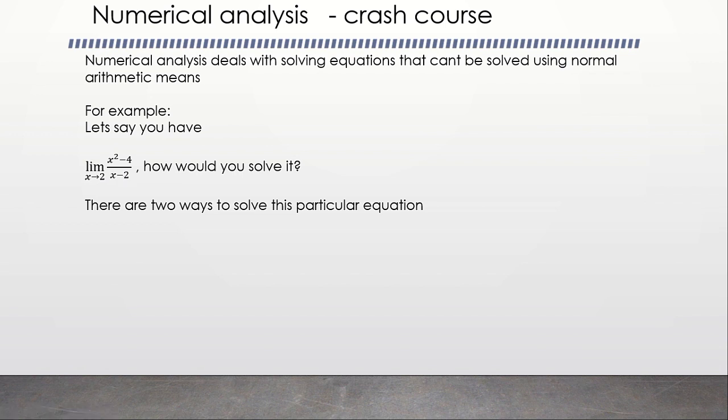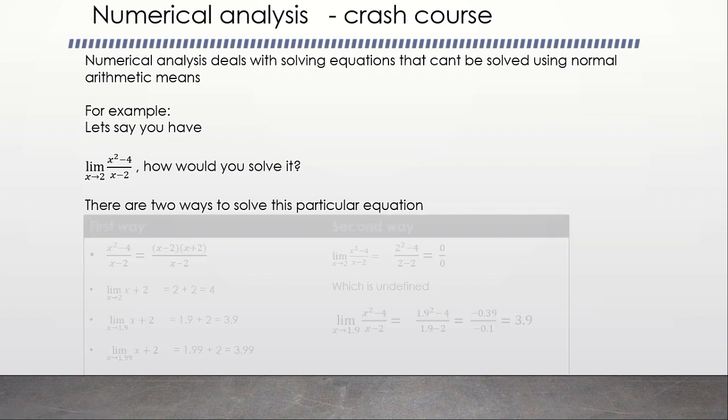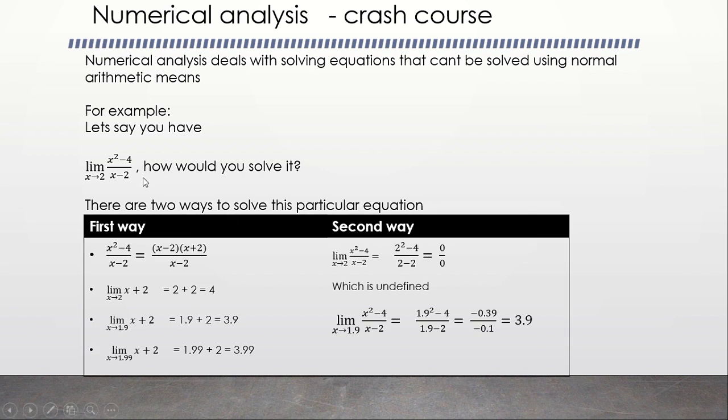So there are two ways to solve this particular equation. The first step here is we get this function and solve it the normal arithmetic way, right? By saying that this is the difference of two squares on the top here. So we can factor this out and say (x minus 2) multiplied by (x plus 2), divided by (x minus 2).